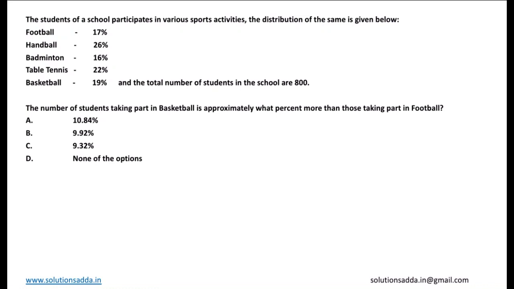So basically it is asking how much percent more the number of students taking part in basketball is than those taking part in football. The options are 10.84%, 9.92%, 9.32%, or none of the above. So we'll make use of a simple formula. Suppose you want to find out how much percentage y is greater than x.